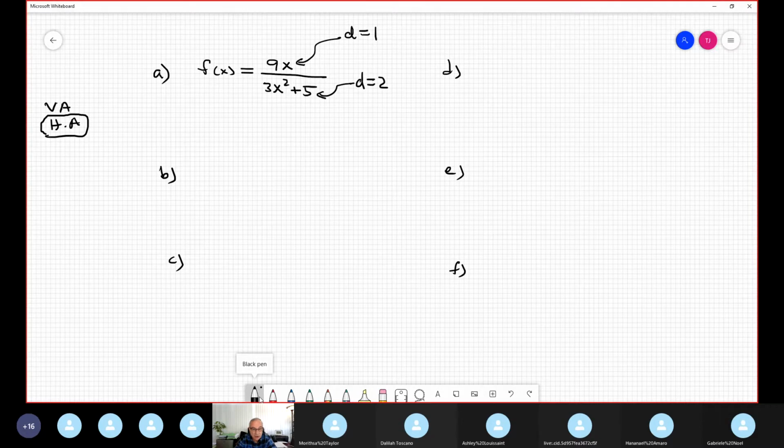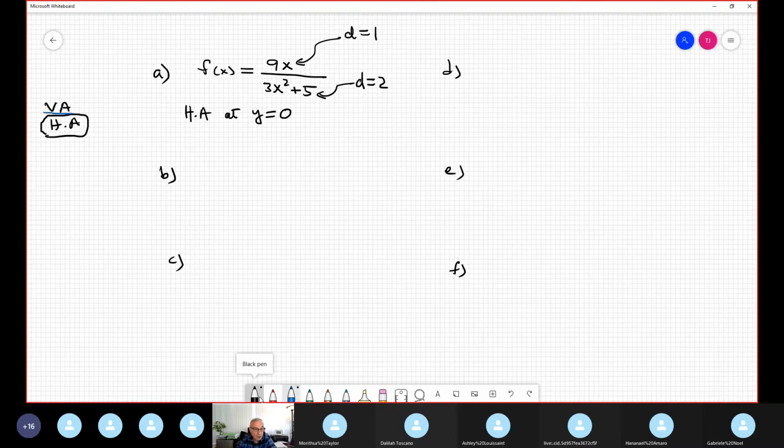When the degree of the bottom is greater than the degree of the top, we have a horizontal asymptote at y equals 0, because it's a special case. And then you have the regular case when it's the same degree, where you take the ratio of the leading coefficients, but that is not the case here.